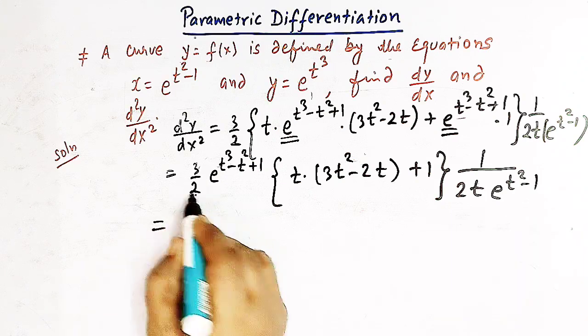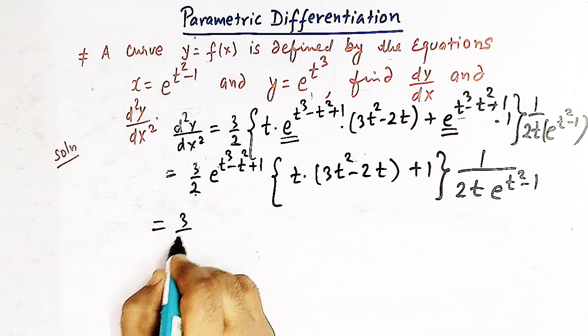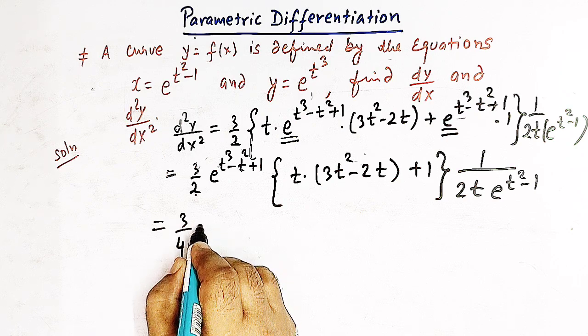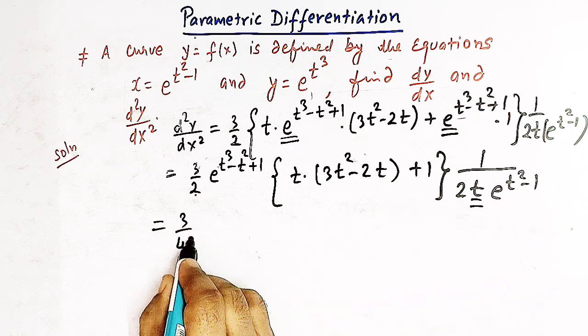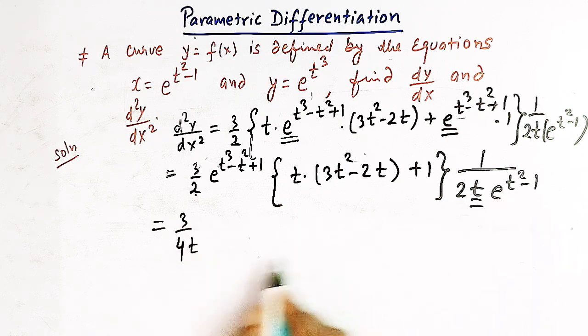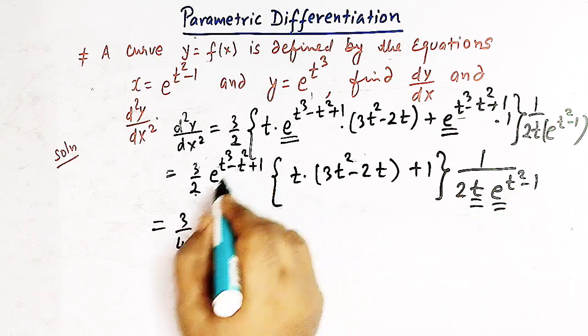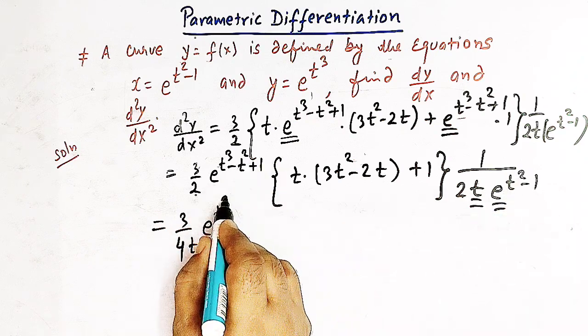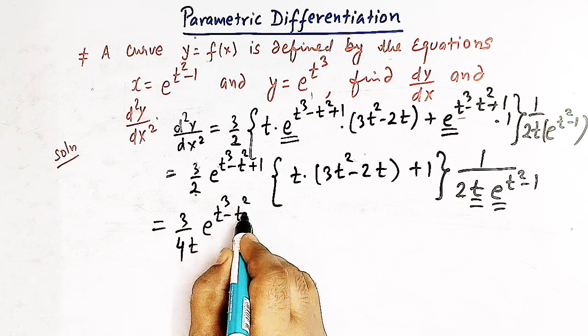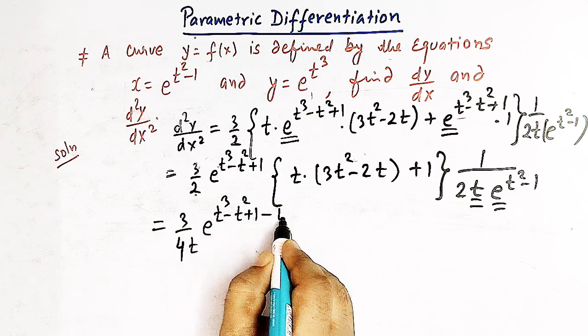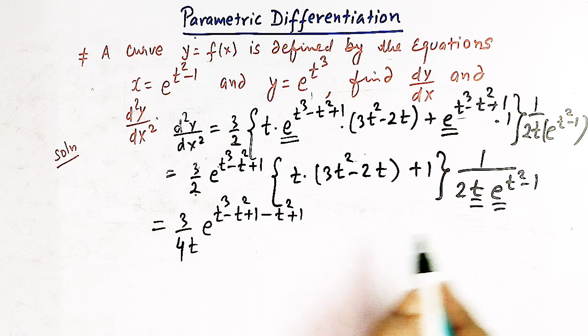So now this is 2 times 2 is 4, so we have 3 over 4, and then here we have this factor t, and then we can take this e raised to t square minus 1 to the numerator. So we have e raised to t cube minus t square plus 1 minus t square and plus 1, right?